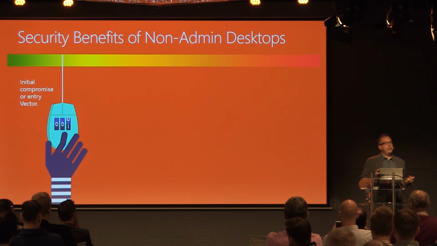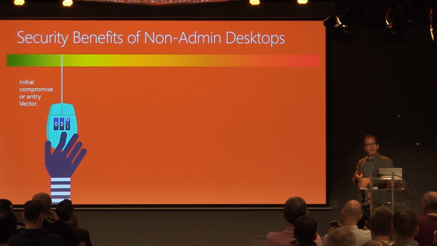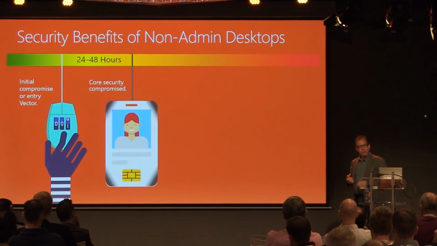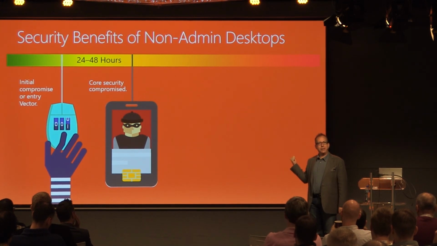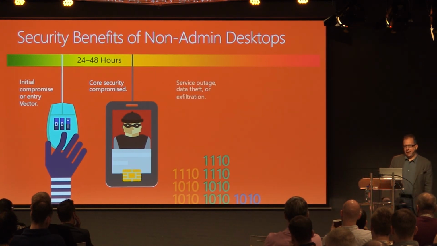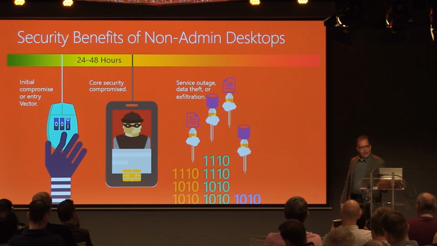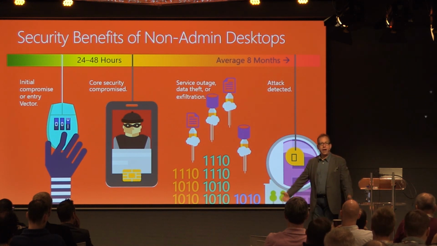And what I'm going to ideally do is get admin rights, which allows me to go into LSASS and take a look at all this gooey stuff that's stored in there, all the credential representations there are, grab them, and within an average of 24 to 48 hours, be able to capture whatever other credentials happen to pass through on that device. Start doing lateral traversal to get to other devices, move on, and eventually gain access to the credentials, the device, or even the entire identity infrastructure and start stealing stuff until I'm detected an average of 8 months after the initial compromise.